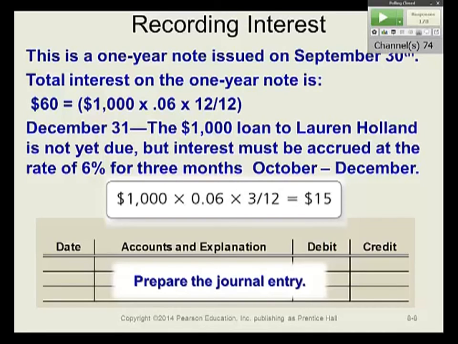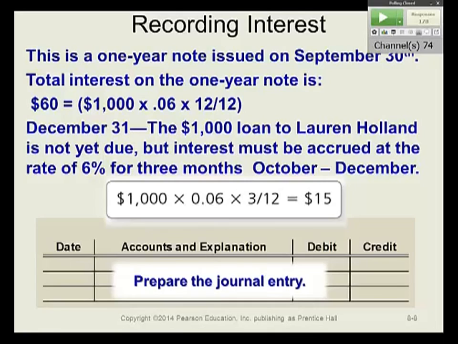The problem, though, in this example is going back to something we had, I believe, in Chapter 3 with the adjusting entries, and that is the fact that you have to accrue interest for year-end financial statements. So the problem in this case is that the note is on September 30th, and the year-end is December 31st.